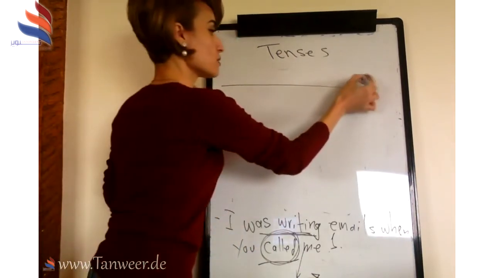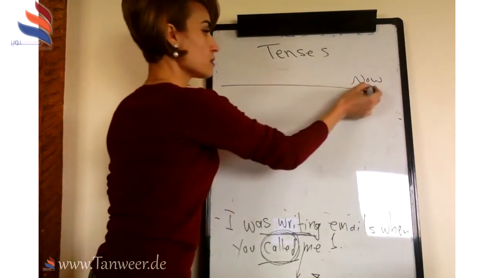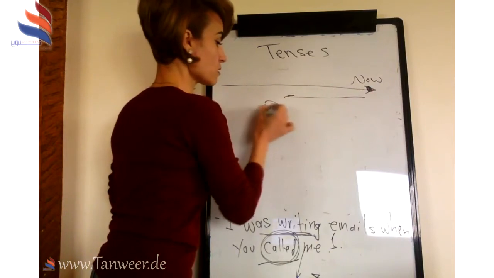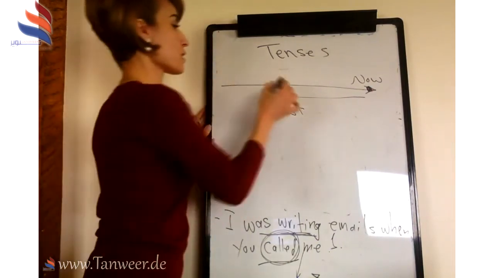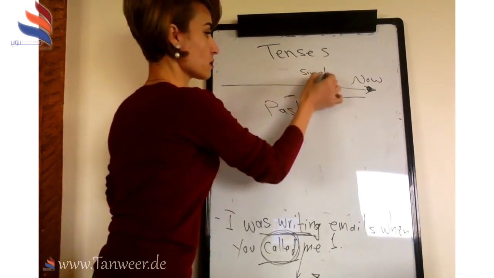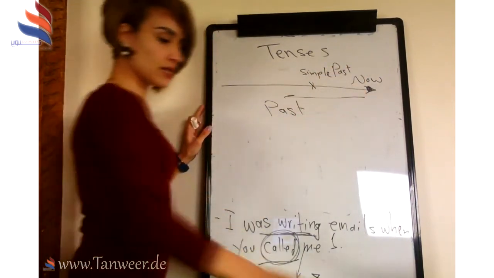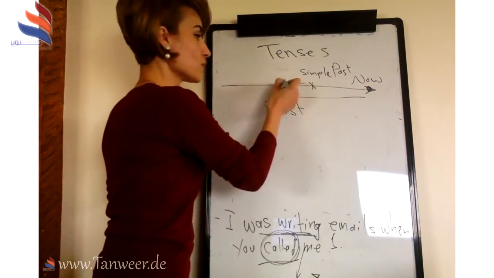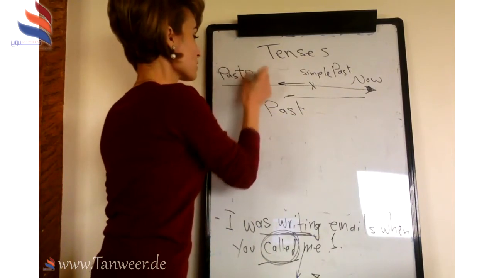And this is now. Okay? Here, because this is now, everything that happens here is past, right? Okay. An action that happens here is simple past, let me say. Okay? Any action that happens earlier or before this is past perfect.